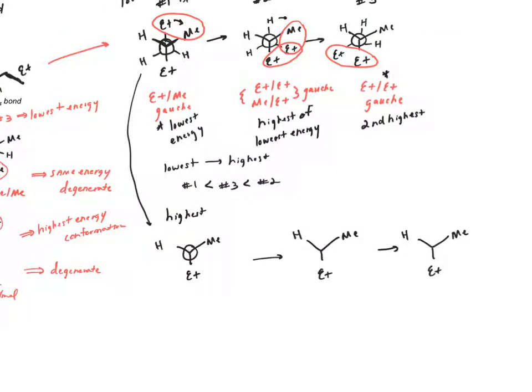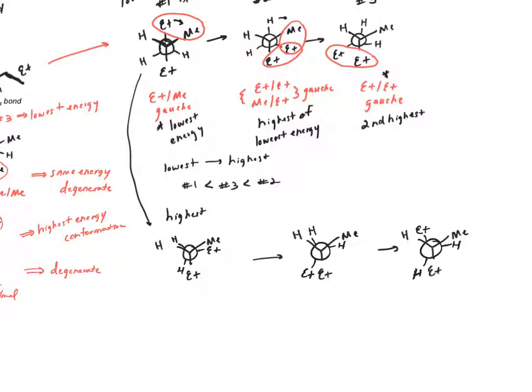So the first one that we get into is this guy, ethyl here, hydrogen here, hydrogen here. The next one, if we keep rotating, is going to have a hydrogen here, an ethyl here, and a hydrogen here. And then again, if we keep rotating, we're going to have our ethyl here, our hydrogen here, our hydrogen here. Okay, so these are our 3 eclipsing conformations where we're looking for our highest energy conformation, right?